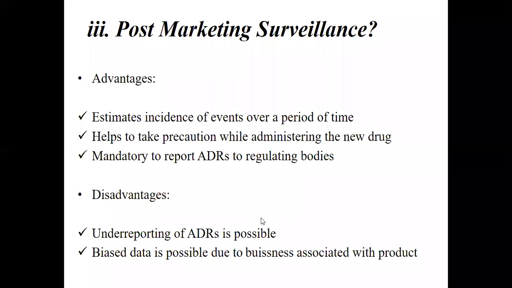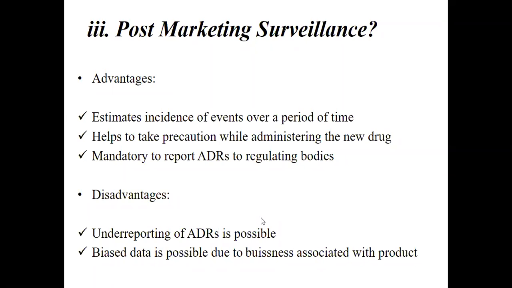So how does it induce the bias in the data? The company might not report exactly the correct data to the regulatory bodies. Correct. So when there is a severe adverse reaction, it may report that as a mild or moderate adverse reaction. This creates a problem.